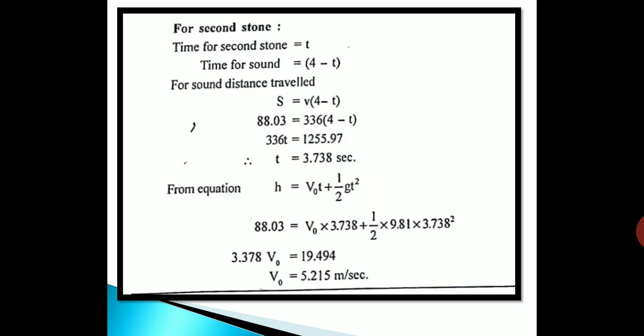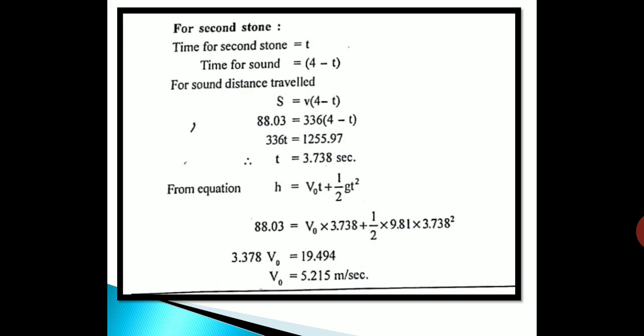Substituting 88.03 from the previous workout, v as 336, 4 is there, and t we have to find. Equating, we get t as 3.738 seconds. That means the second stone takes 3.738 seconds to reach the water surface.